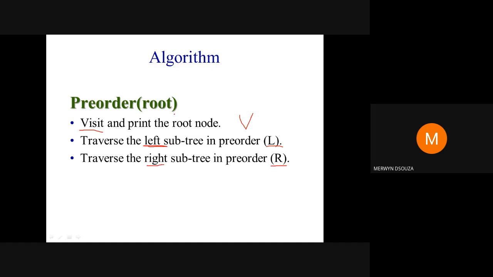So remember that in pre-order, first you visit, then you traverse the left subtree, and then the right subtree. You do this recursively in pre-order. We'll see what we mean with an example. But what you need to remember while studying is: visit, left, right. That means pre-order traversal using recursion.